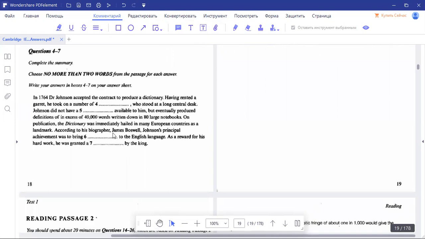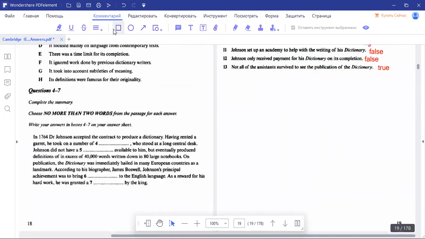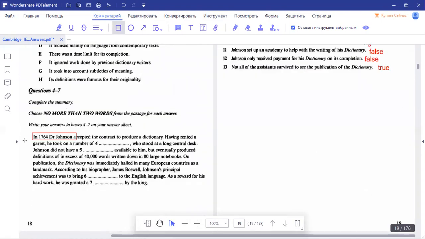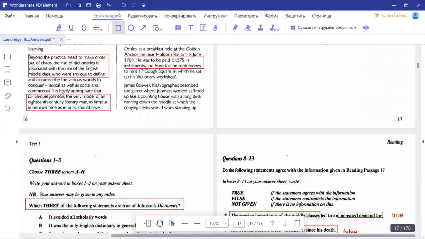Now let me move on to this one, which is a lot easier. Here's the key word, this fact: in 1764, the year itself is a very key word. Accepted the contract to produce a dictionary, having rented a garret. Okay, this is the year. Having rented a garret. Okay, he rented a garret. Describe the garret.